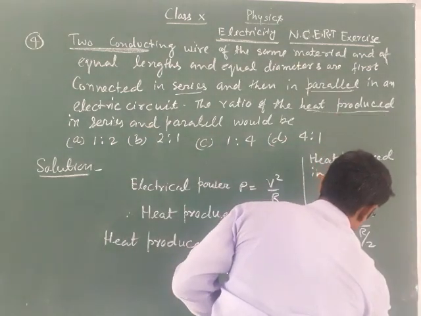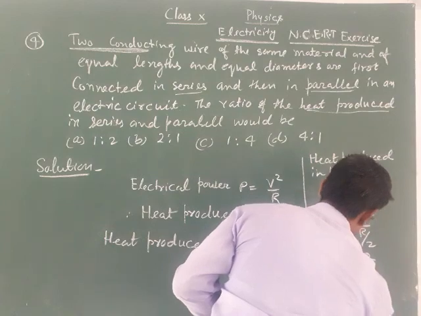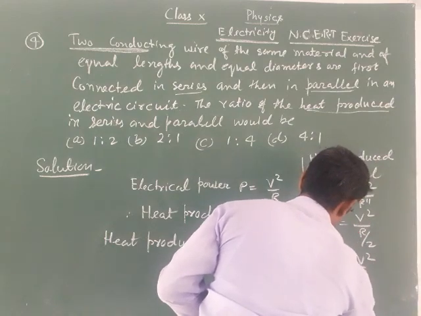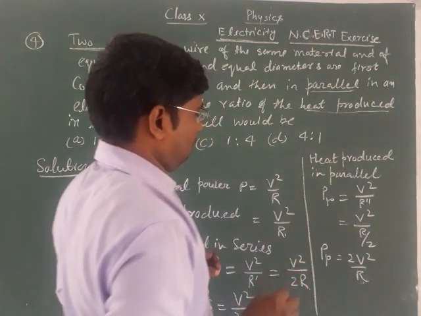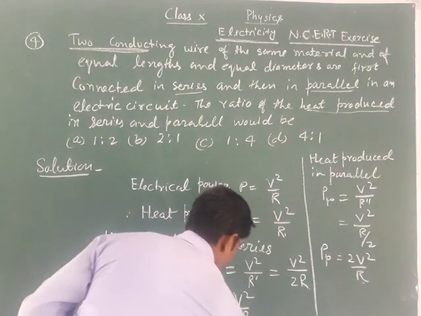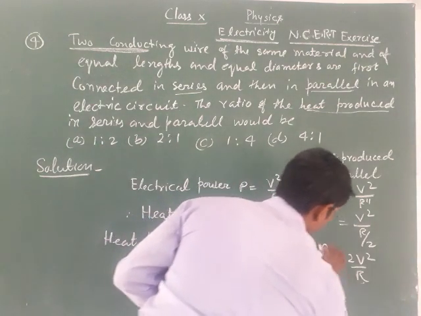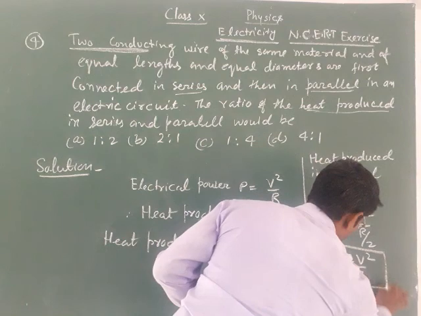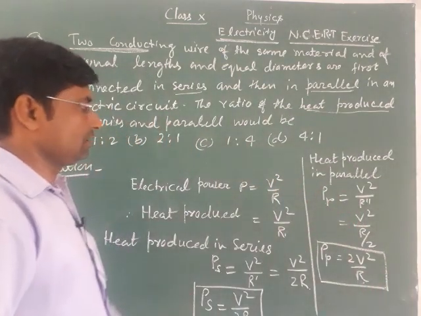So Pp is 2V square by R. This is the parallel heat and also the series heat.